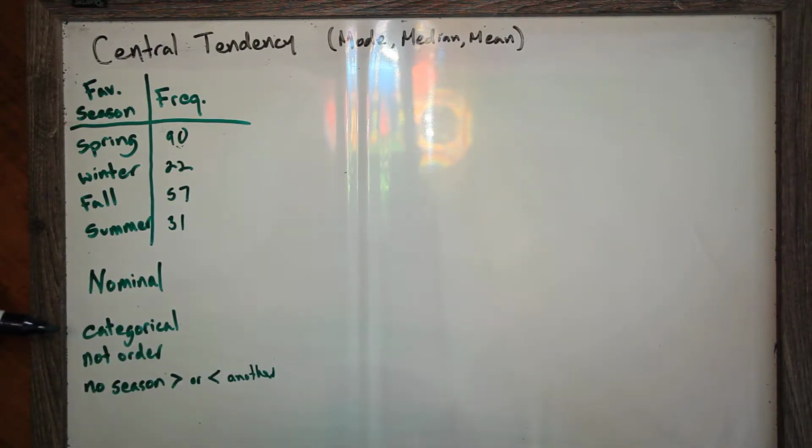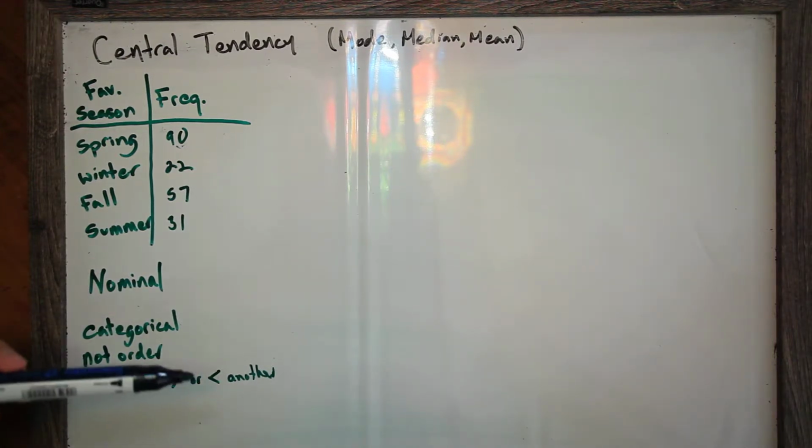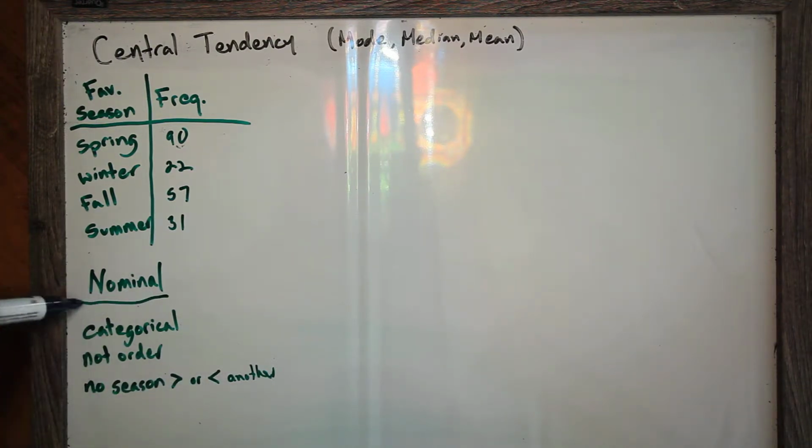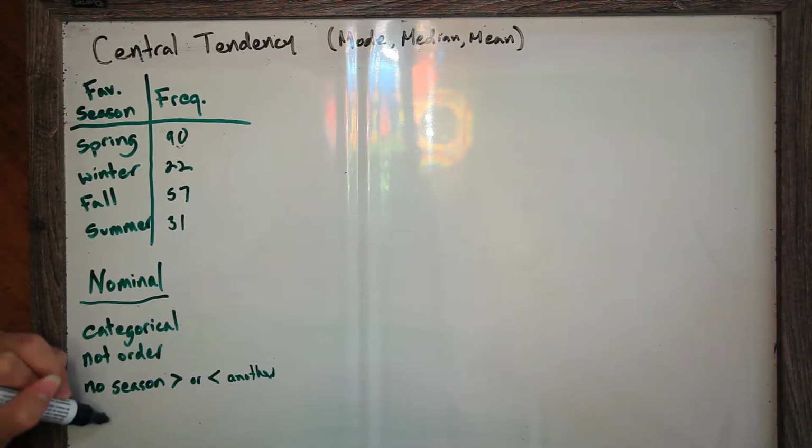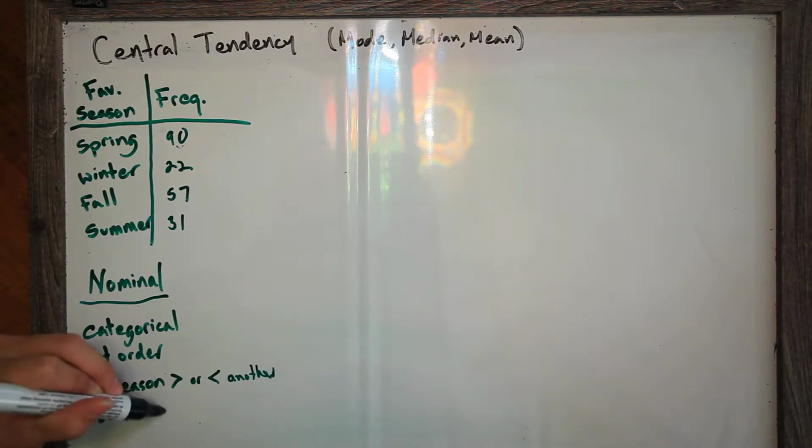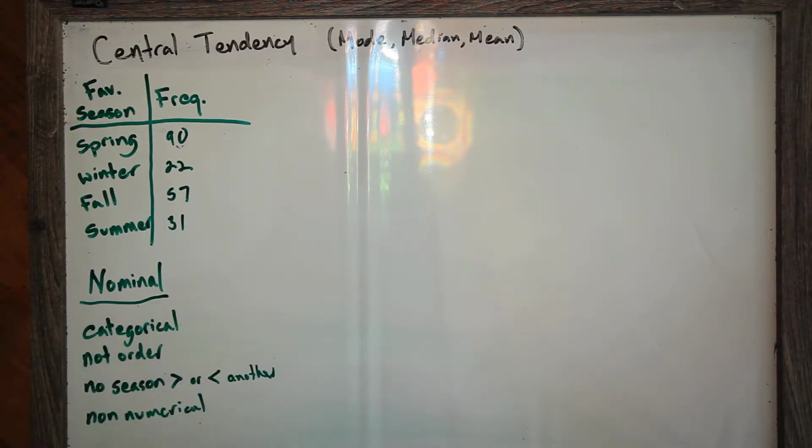So that's what we mean by putting things in order when we talk about ordinal data. They have to be greater than or less than. And while you can put the seasons in order, like one comes before the other, one is not greater than the other. So this is just nominal data. They are categorical data that you cannot put in order. They are non-numerical. Okay? So this is nominal data.